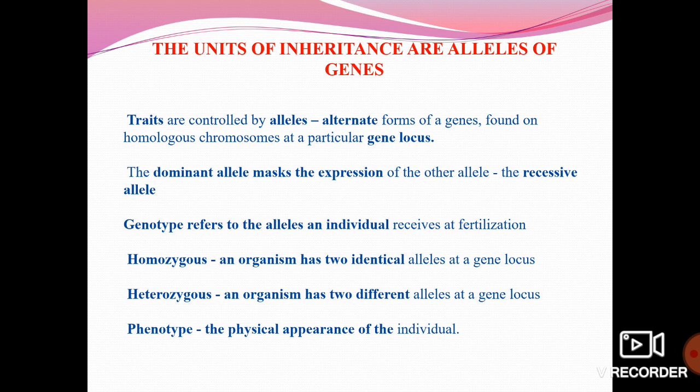So the genes, because don't you forget ever that the chromosomes or the chromatin fibers are in pairs, and we call them homologous pairs. So every gene has its fixed position in a certain chromosome at a certain locus.